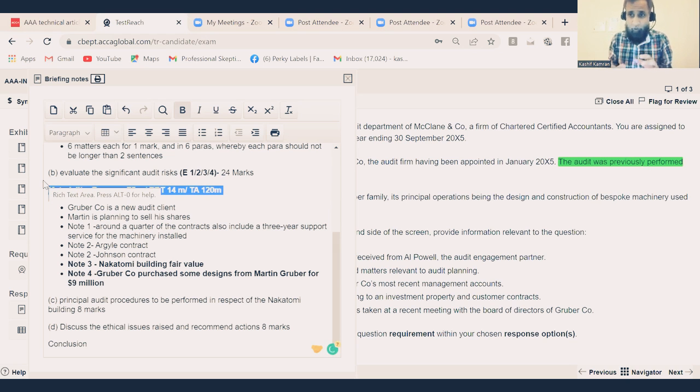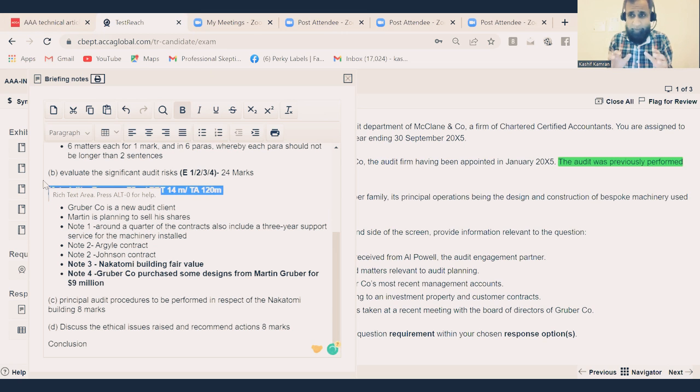So try to ensure that when you are reading the exhibits, every piece of information from the exhibit which you need for part A, part B, part C, part D has been dumped into the briefing note. You ideally have 24 minutes of reading and planning time for question number 1.